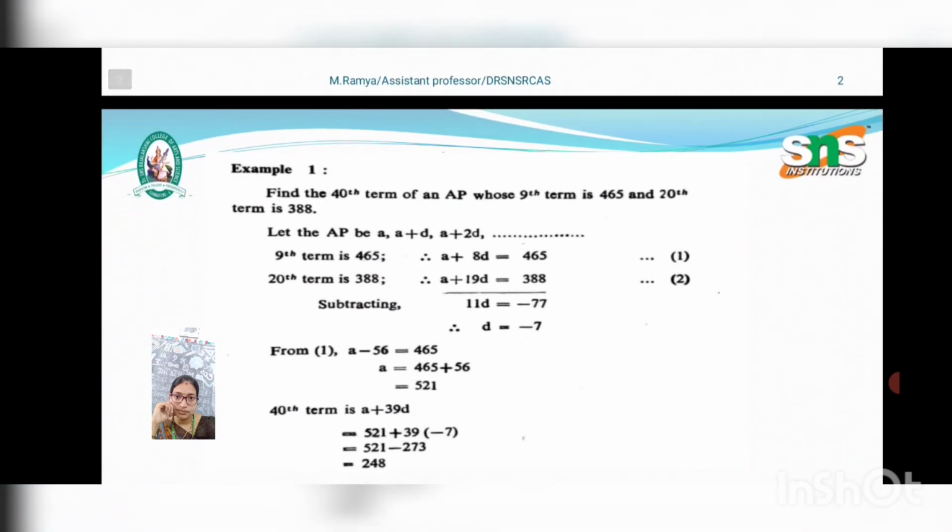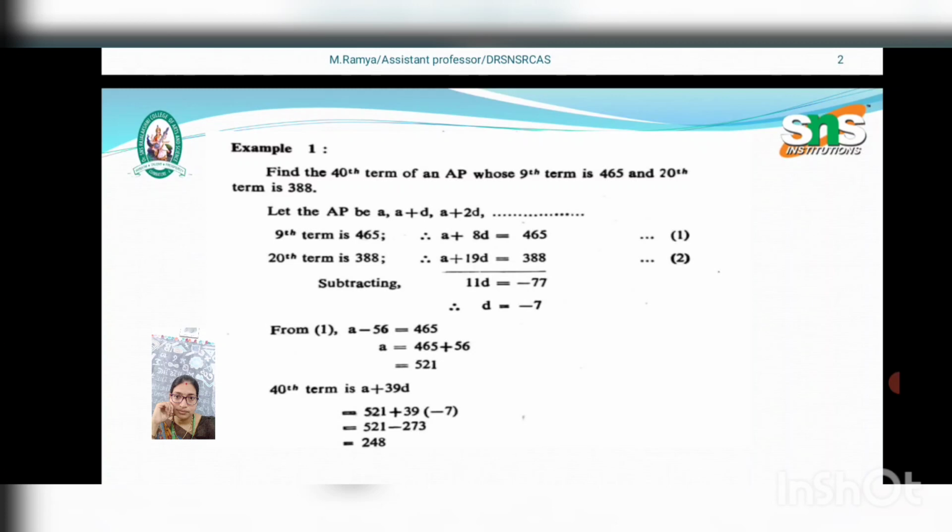First example. Find the 40th term of an AP whose 9th term is 465 and 20th term is 388. Let the AP be a, a plus d, a plus 2d, etc. We have to find the 40th term. Tn equal to a plus n minus 1 into d.